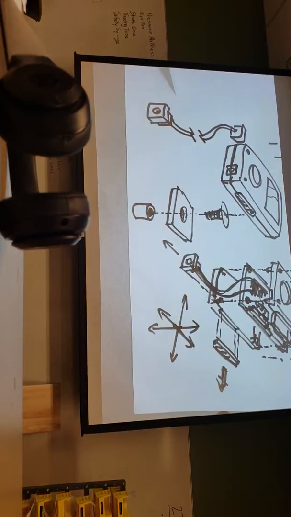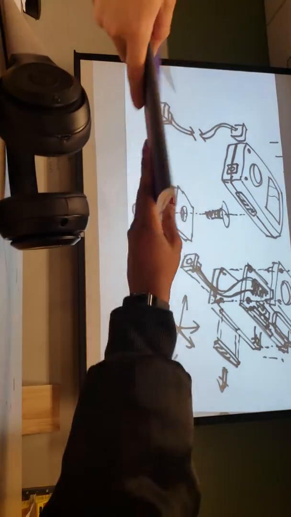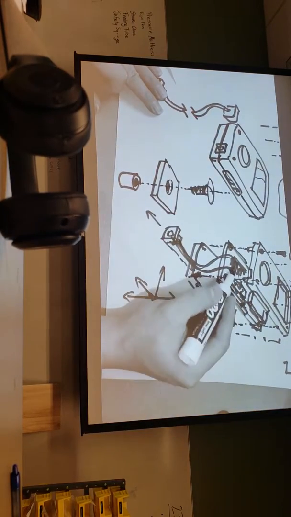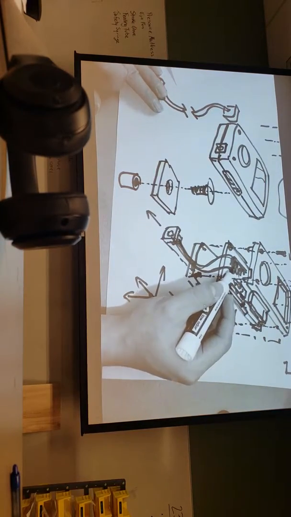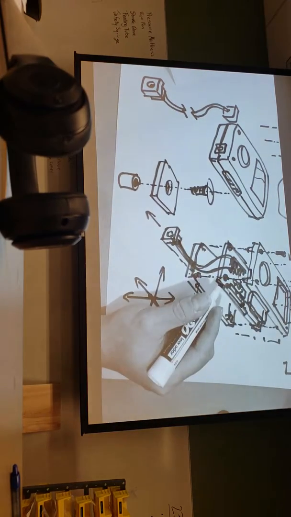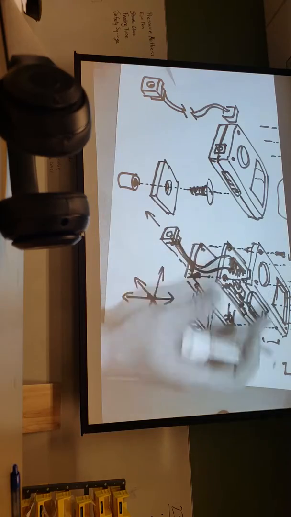So what I want to ask is, if I have an object that's attached to two different layers that get exploded, how should I draw the leader lines? Do I just trace leader lines to two different layers? I'm not quite sure what you're asking. Right now the DC power jack should be connecting to both the motherboard and the... I just made this up, by the way, so I have no idea what this is, it's a made-up device.